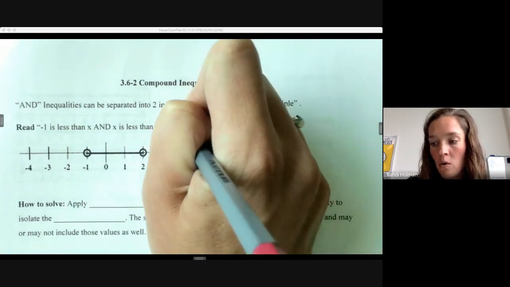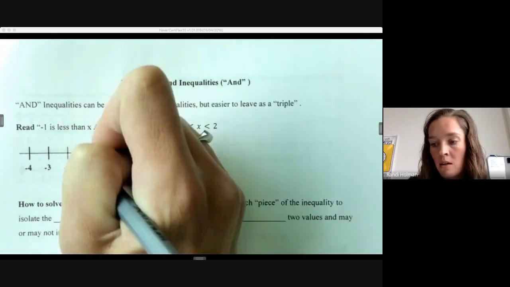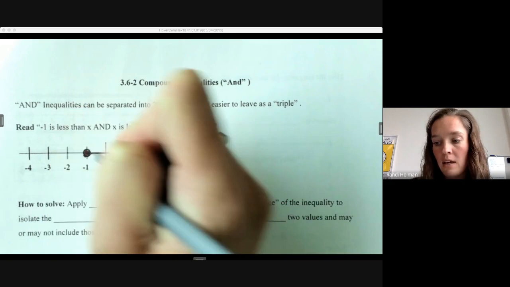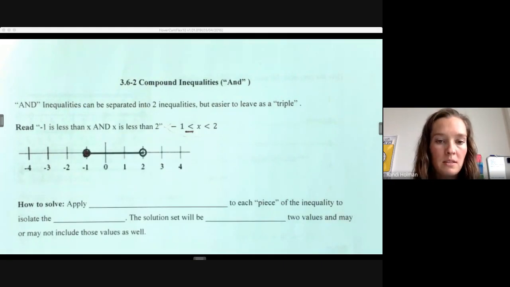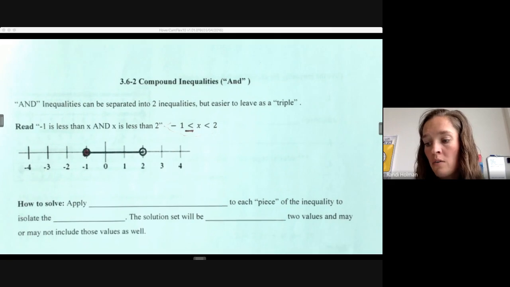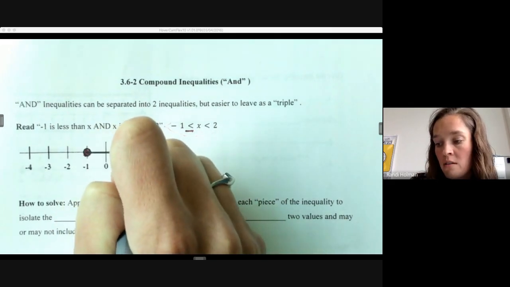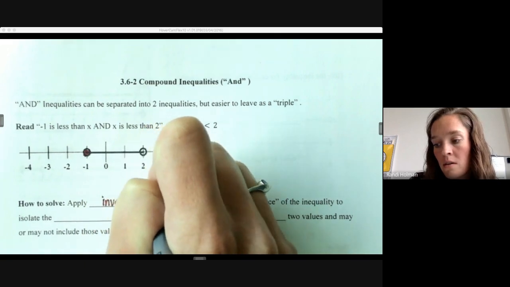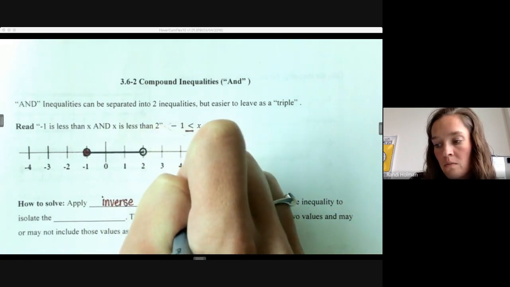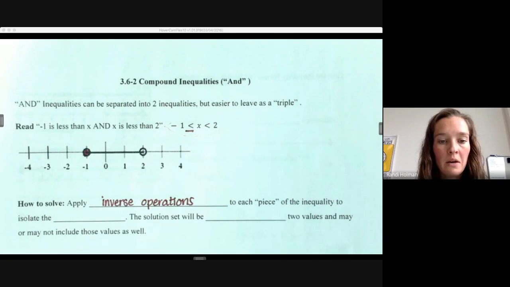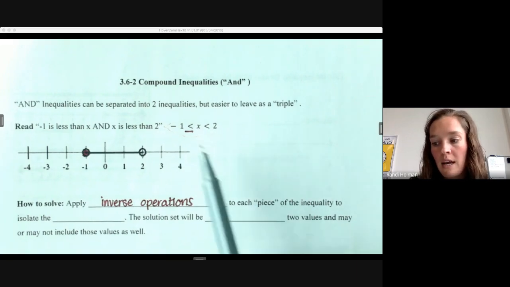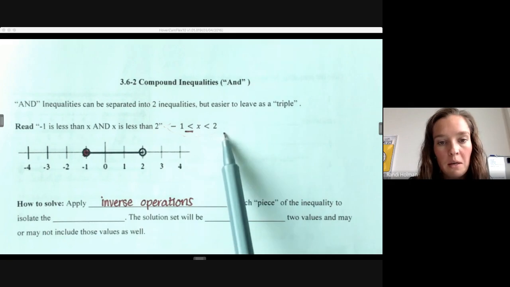If we had an "or equal to" on one of these, that would just change our graph by filling in that point, so -1 would also be a solution to this inequality. So how we're going to solve is we're going to apply our inverse operations in reverse order, just like we've been doing, but to each piece of the inequality. This inequality has 1, 2, 3 pieces.